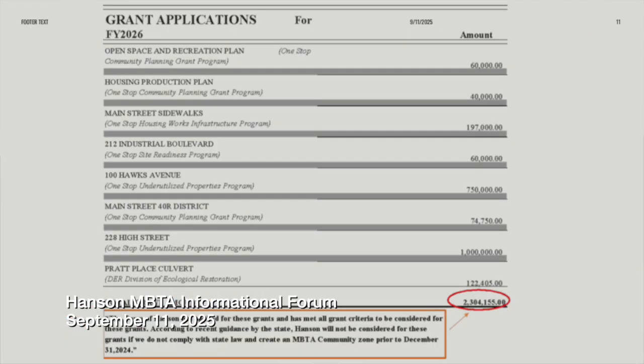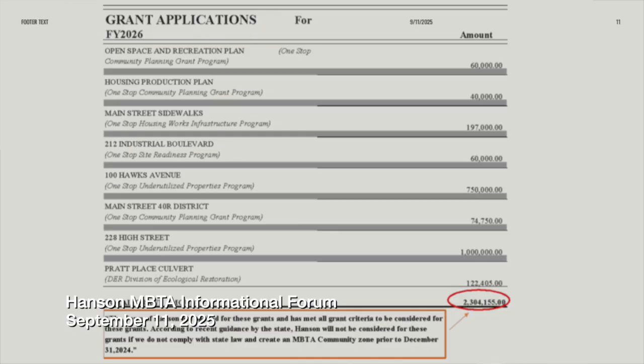So on this page, for FY26, the town has actually applied for a number of grants, and this will show we've applied for $2.3 million in grants, which includes the open space and recreation plan, housing production plan, Main Street sidewalks, Hawks Ave, which is a brownfields redevelopment, 228 High Street, which is the former Plymouth County Hospital site, Pratt Place Culvert for ecological restoration, and 212 Industrial Boulevard, which is a site readiness grant.